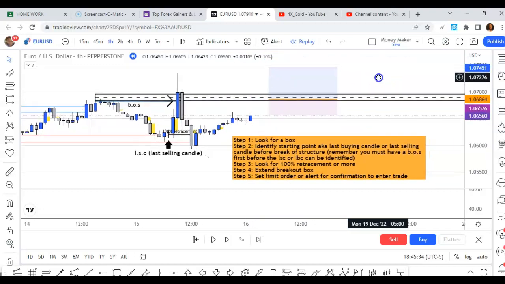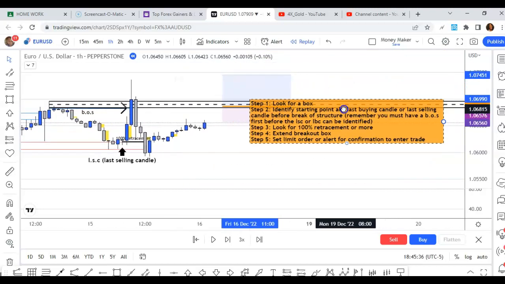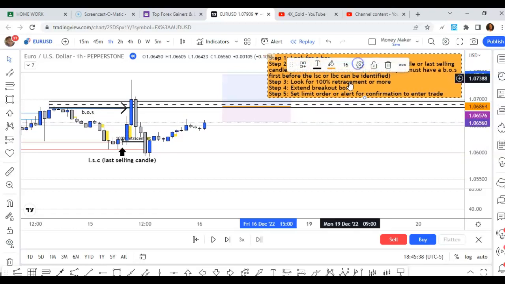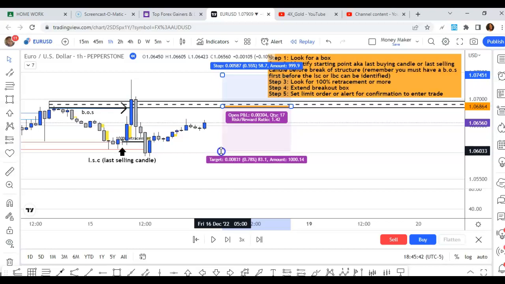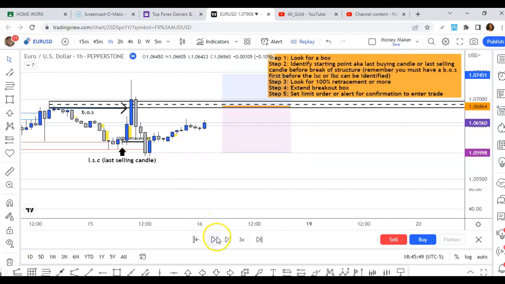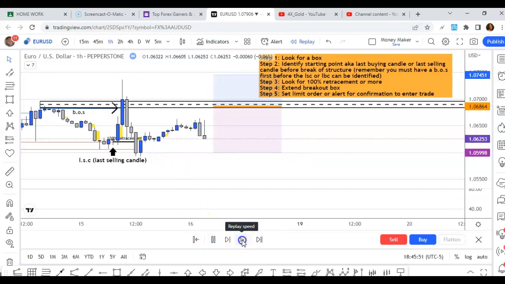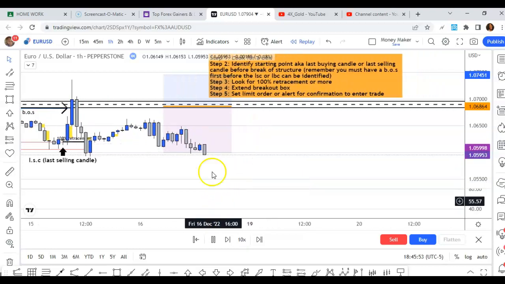If it's too big of a stop loss for your account size, I highly recommend you either drop down your lot size or don't take the trade. And we're going to see if I can bring it back to previous low and see if that works out. Let's move this market forward and see what it does.